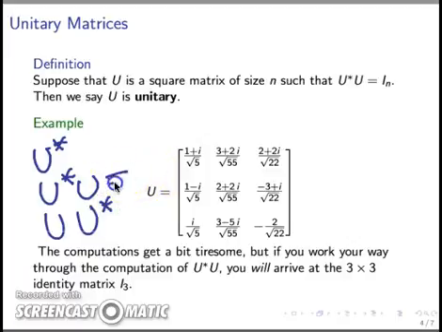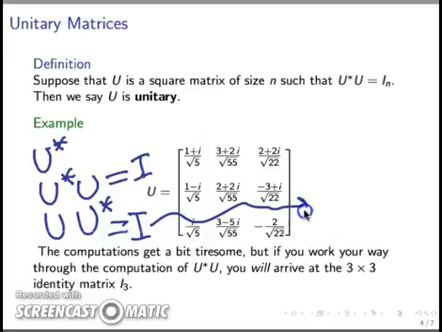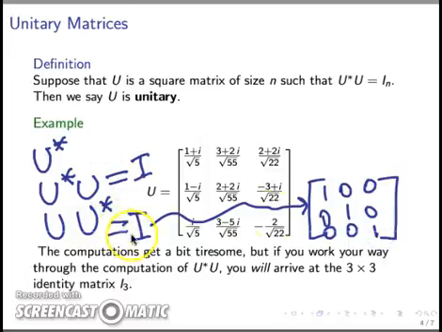Then you will verify that this product equals the identity, and this product is also equal to the identity. When we say identity, we mean the matrix that has 1, 0, 0, 0, 1, 0, and 0, 0, 1. So each of these two products equals that identity.